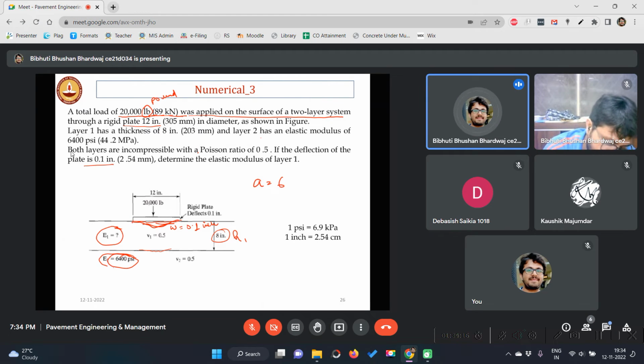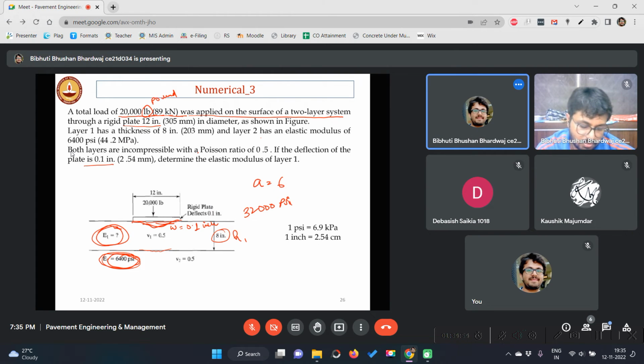Now you know the elastic modulus of the soil by CBR test. You have performed the CBR test, and from it you know the relation, right? If CBR is less than 5, then elastic modulus is directly 10 times CBR. If it is greater than 5, then 17.6, and so on. So can we find the elastic modulus of this layer? We have indeed found it, right? It is coming out as 32,000 psi.